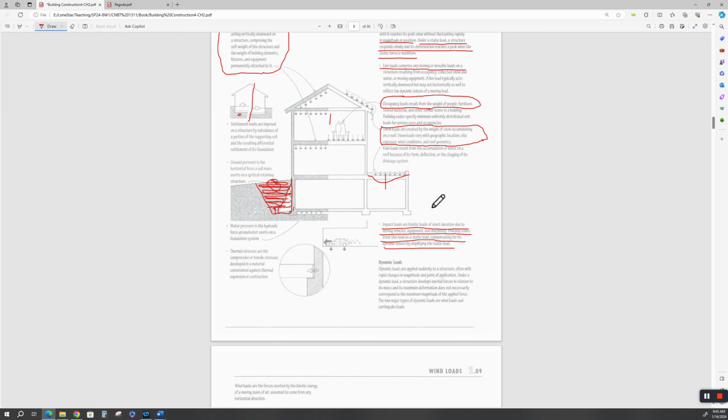The code will tell you to multiply the dead load of the vehicle by a certain factor. In overhead bridge cranes, when we're designing the structure for certain bridge cranes, the code required us to not only take what the crane could load, in other words, let's say the weight of the crane and what it could load was 10K, 10 kips. All right, the code would tell us to multiply that by 2.5 times.